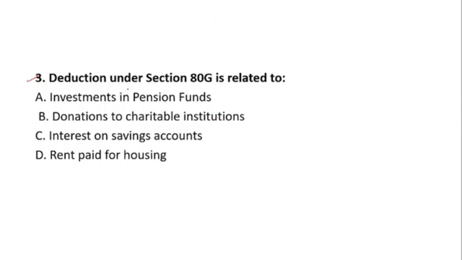Okay, so for 80G, remember G for gift and Garib, government. What do we do? We give the donation. We give the donation to the Garib, government. So option number B is the correct answer, that is the donation to the charitable institution.